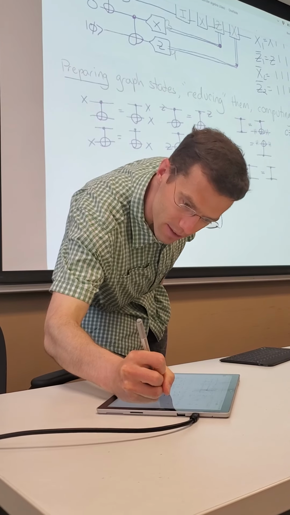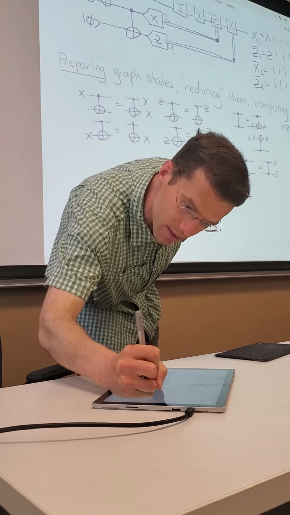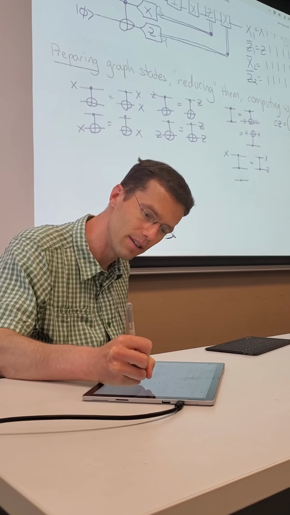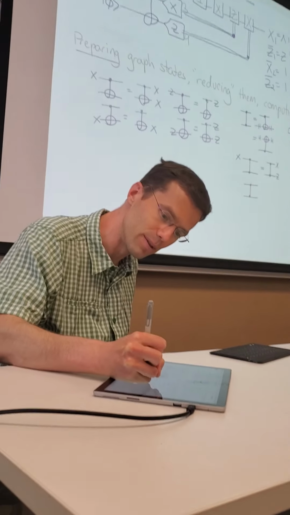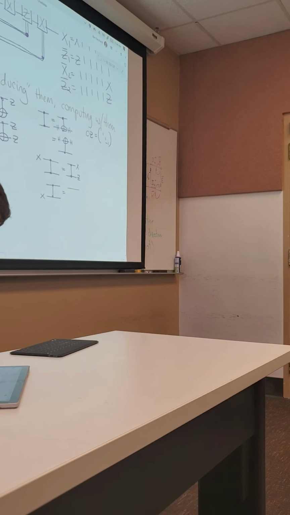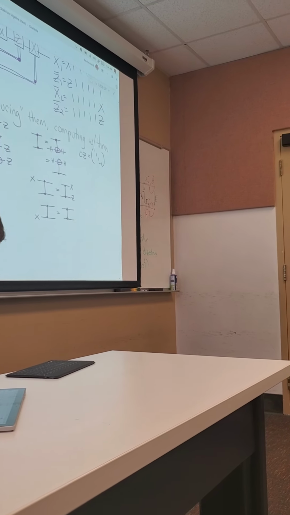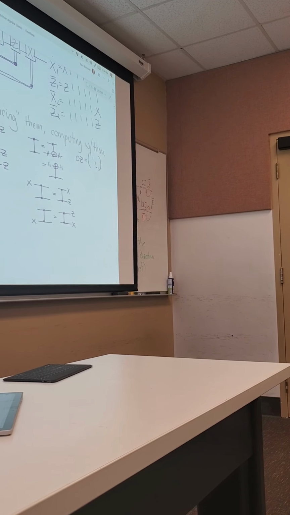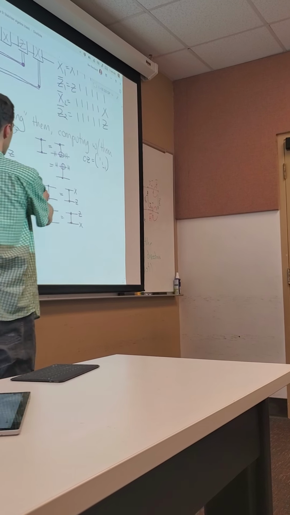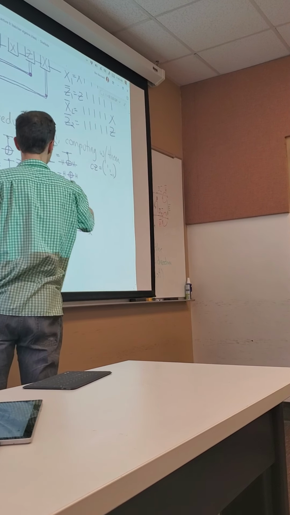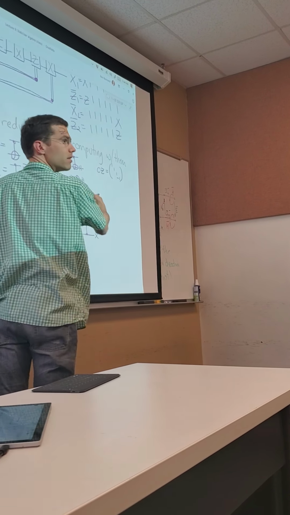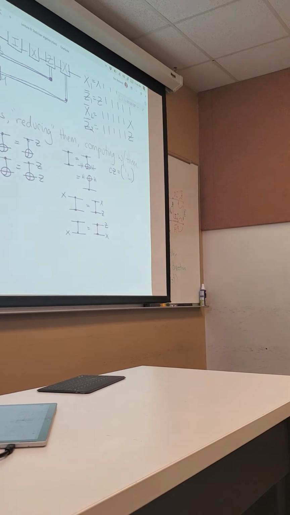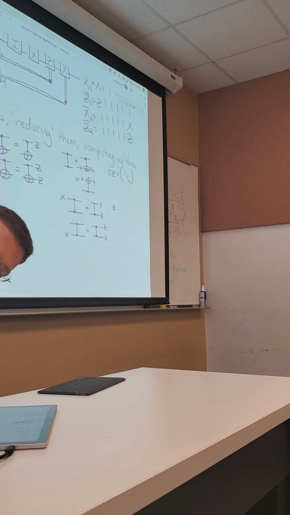And so an X on the control qubit is sent to that, and that's true with either control qubit. So an X on the second qubit is also conjugated to XZ. And a Z on either qubit will commute. A Z on the first qubit will commute all the way through, and a Z on the second qubit will commute all the way through. So I can write that down.